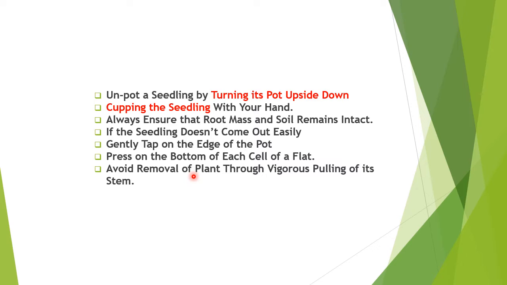So sometimes you have a plant which is well within the pot, and you have difficulty in removing it. Don't pull it vigorously. You can gently tap the edges of the pot, or you can press the bottom so that the plant is easily taken out, and the cupping of the seedling is done with your hand.